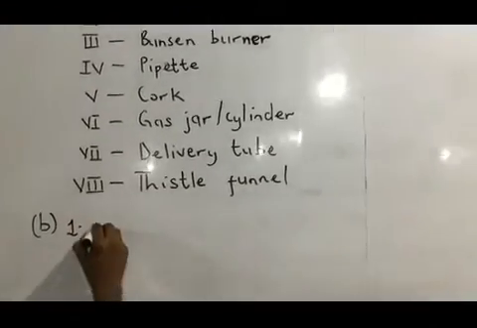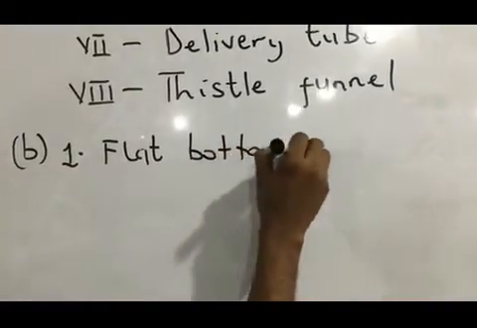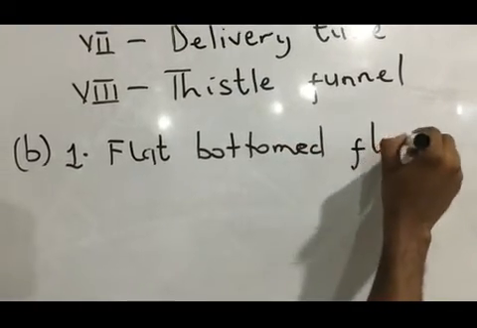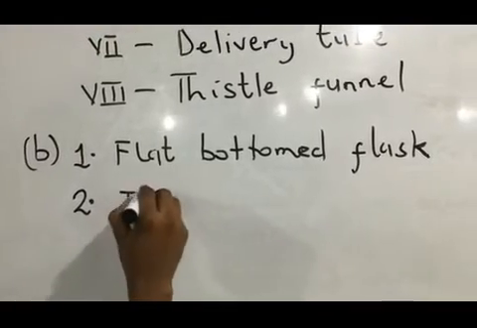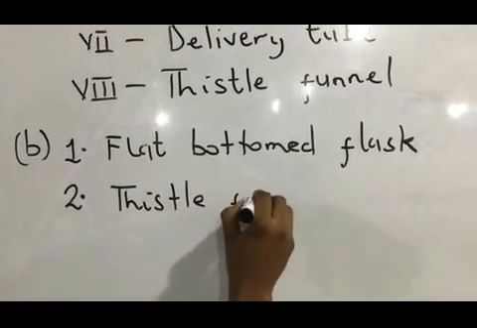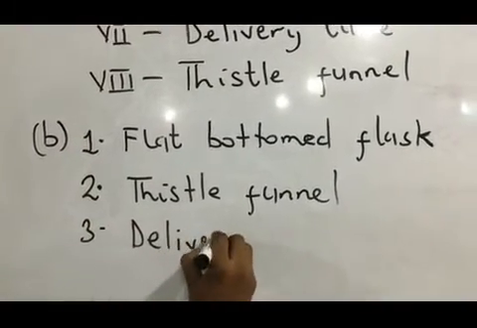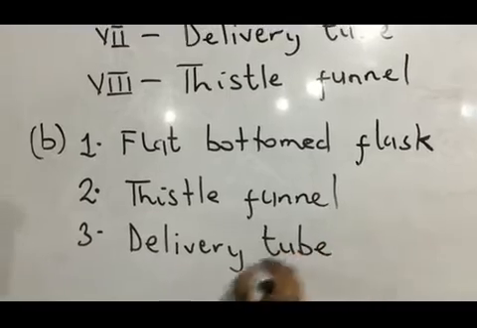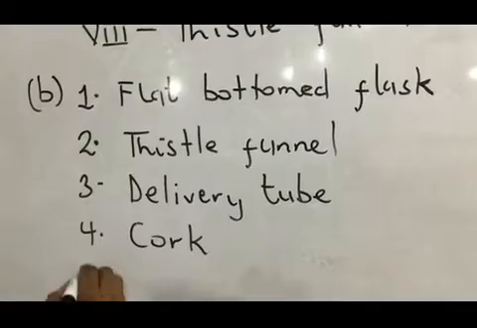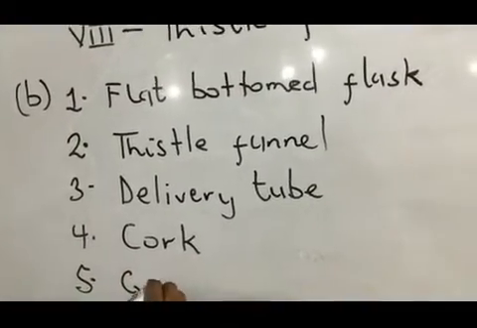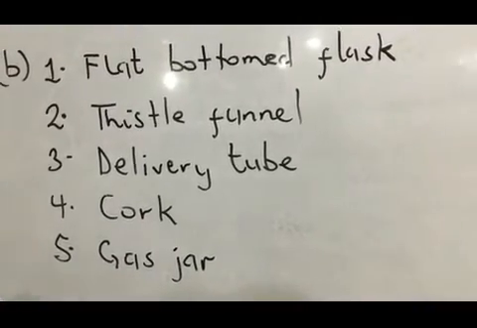So 1, you have your flat bottom flask. 2, you have your tester funnel. 3, you have your delivery tube. 4, you have the cork. 5, you have the gas jar or your gas cylinder. Okay.